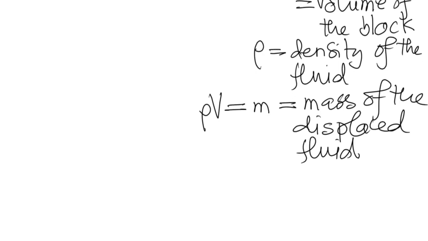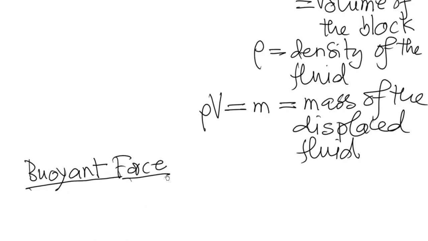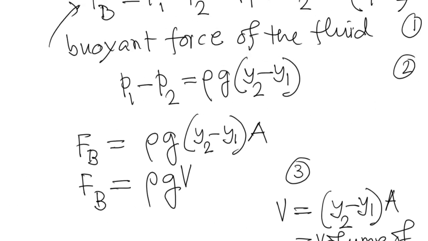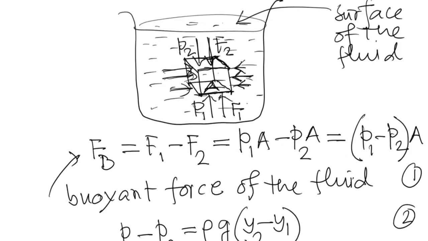Then we can say that the buoyant force is nothing but the resultant upward force due to the pressure difference between the upper surface and the lower surface of the block in the fluid.